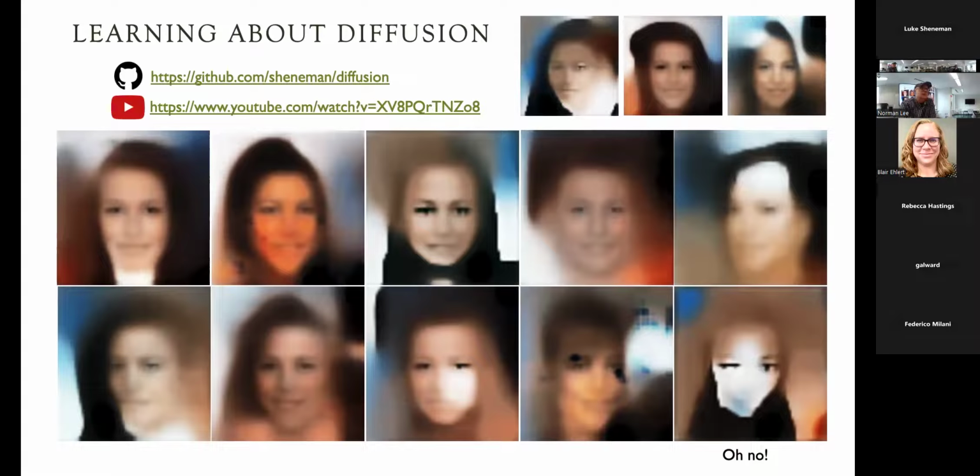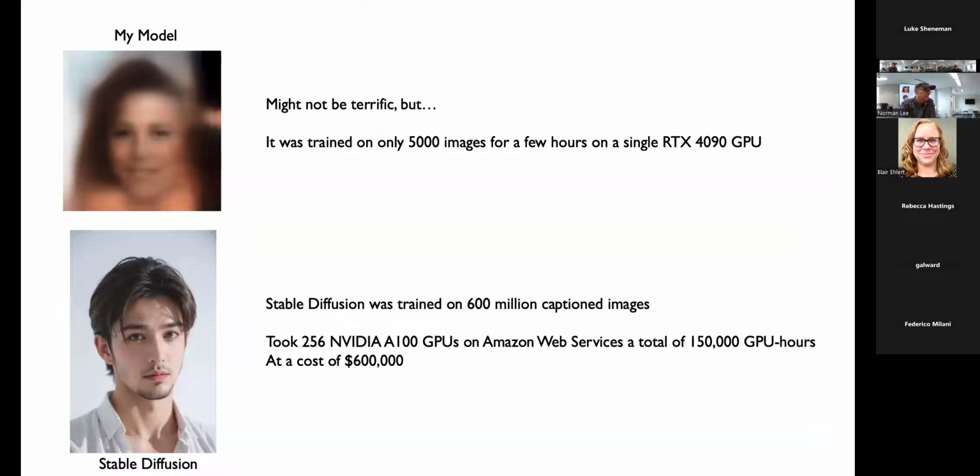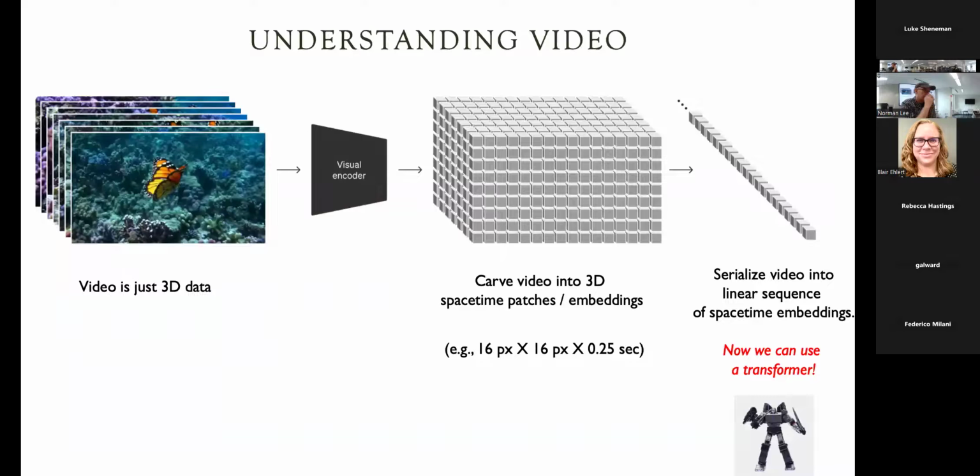If I had more data and more compute, I could have made it better, but it was kind of fun. I only used 5,000 images on a single GPU. Stable Diffusion, which is now a couple of years old, was trained on 600 million captioned images, and took hundreds of GPUs and almost $1 million to train.